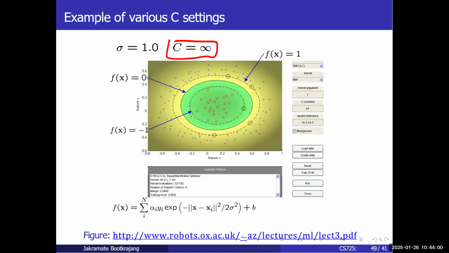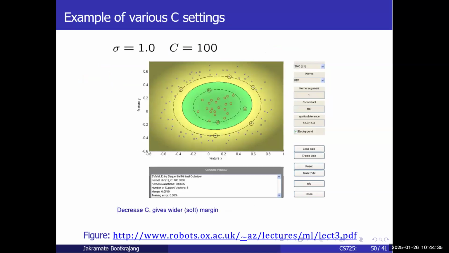The margin: f(x) equal to 0 is the boundary, f(x) equal to 1 is the line at the closest point from the positive examples, and then we have the negative line, which is the closest to the negative examples. So C infinity looks like this. You have the boundary, and you have this margin.